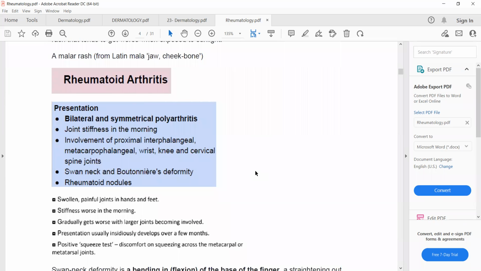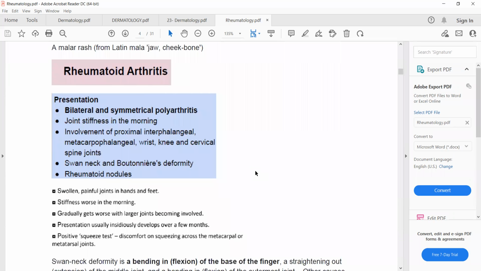Now, a second autoimmune condition that we are going to discuss is rheumatoid arthritis. We saw that SLE causes arthritis that is symmetrical and polyarthritis, involving many joints.